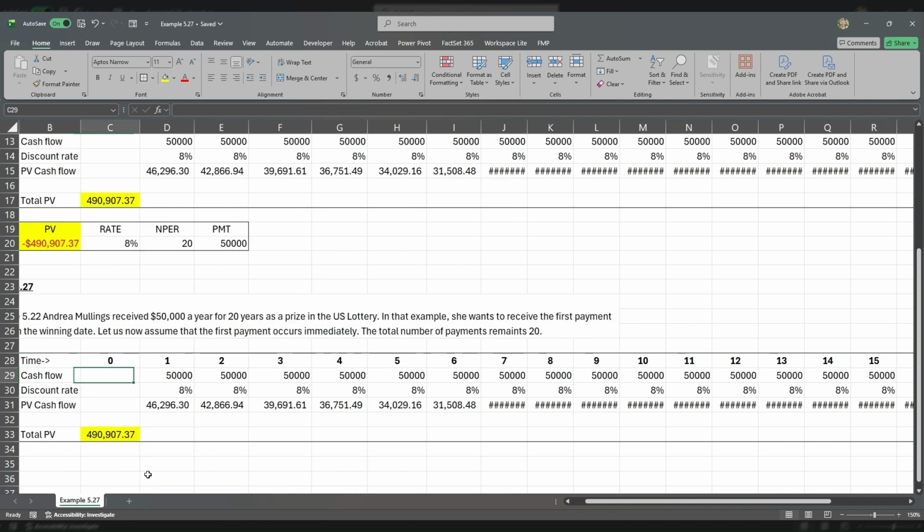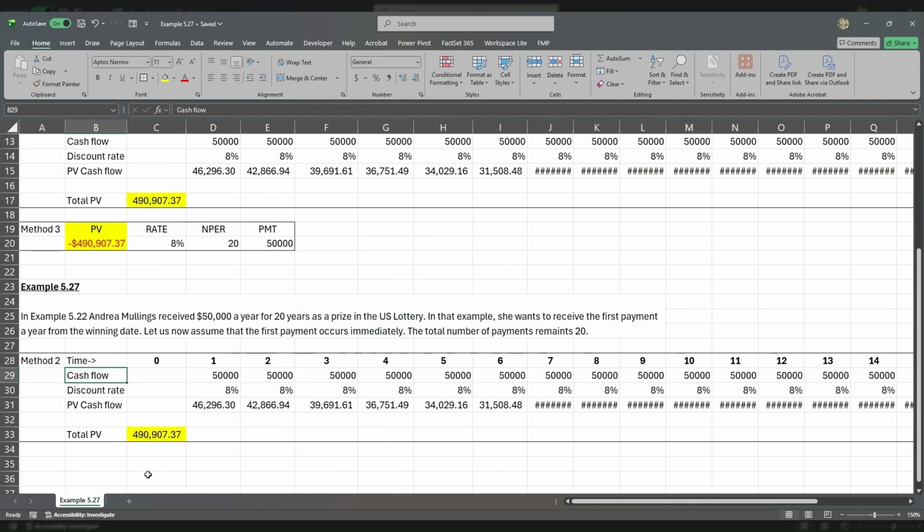If the first payment occurs at the beginning, that means the first payment occurs right now at time period equals 0. So what I need to do is copy paste this over 1, because the first payment occurs now. That means that it's actually not being discounted at all. But the total number of payments remains at 20.